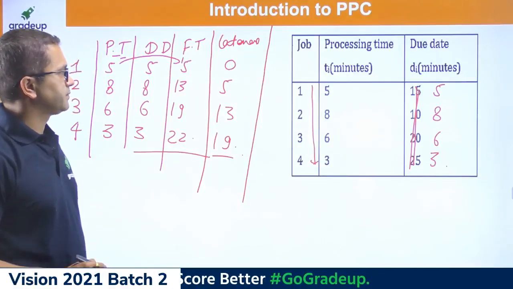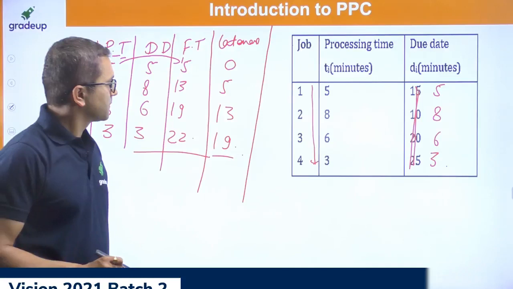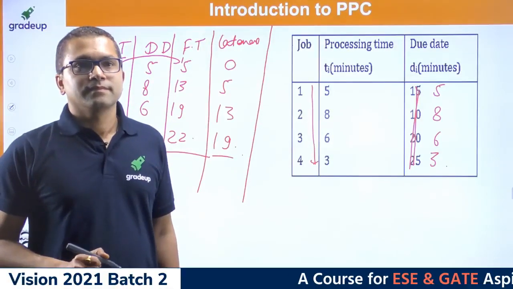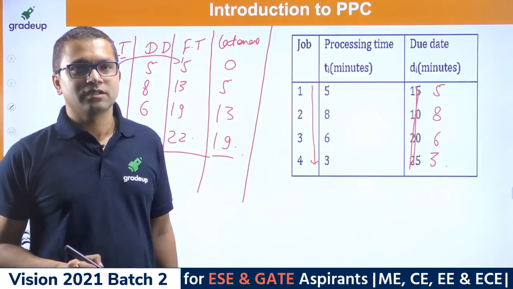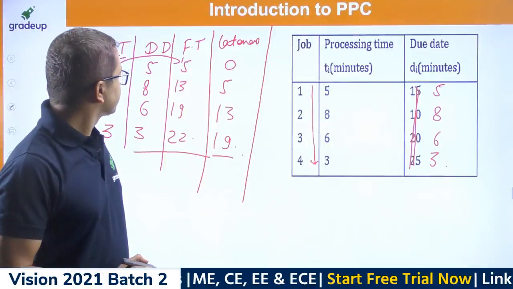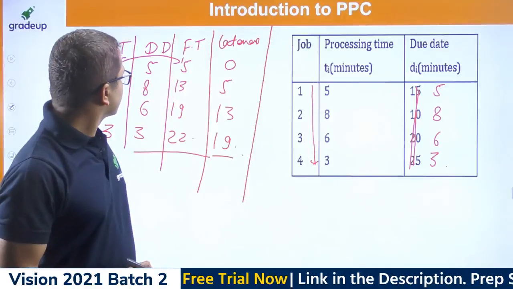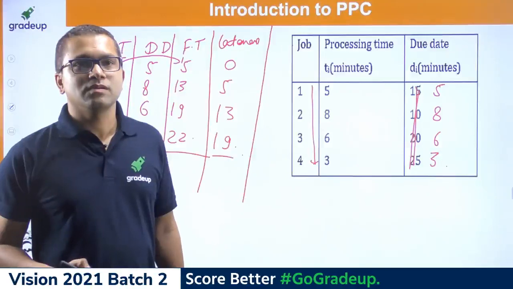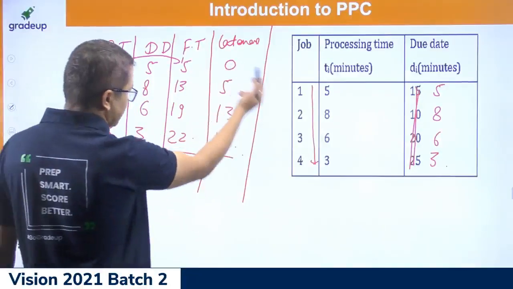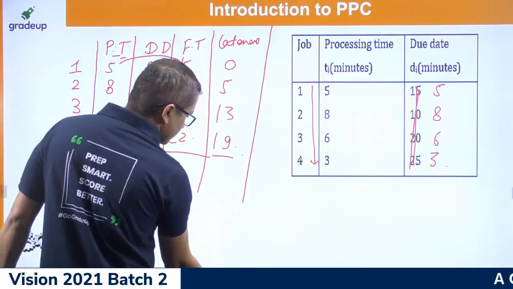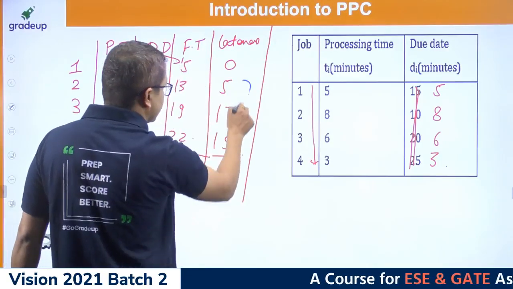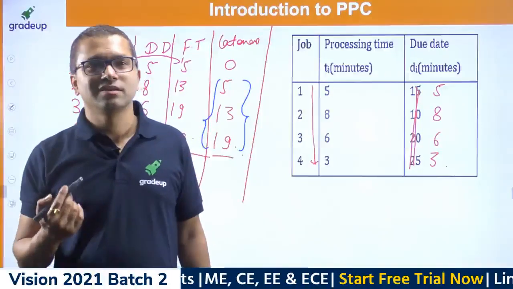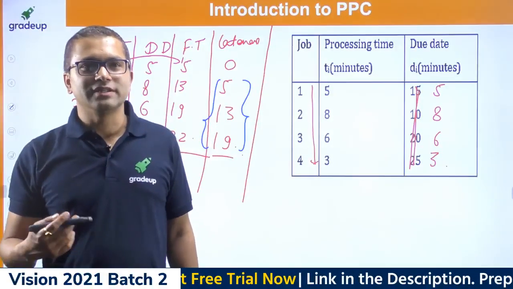Is it good? So how many jobs are late? Obviously we are getting a positive value of lateness over here, so these 3 jobs are late. How many jobs are early? Just type it in.